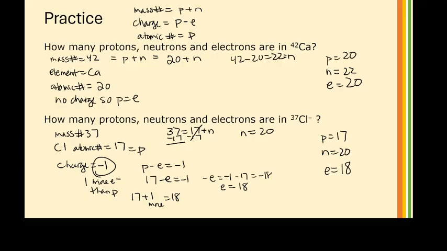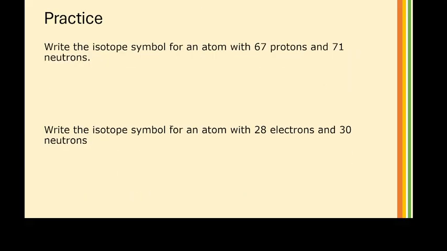Write the isotope symbol for an atom with 67 protons and 71 neutrons. Again, for my isotope symbol, I need to know the mass number, atomic number, and symbol, and then the charge.